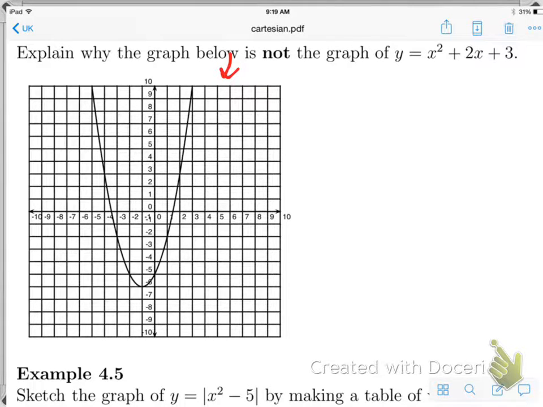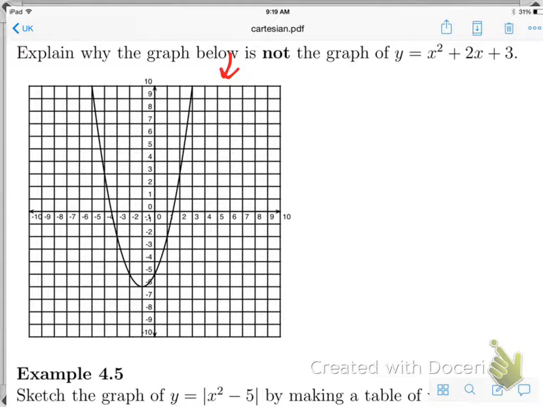So you might think about it to yourself a little bit before I go and tell you. But remember, a point is on the graph of an equation if it is a solution to the equation.